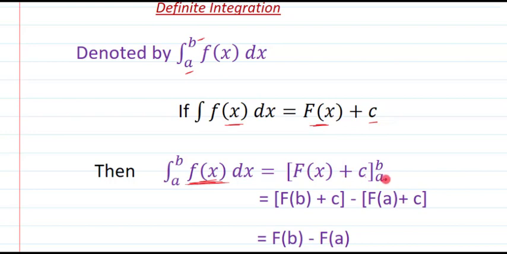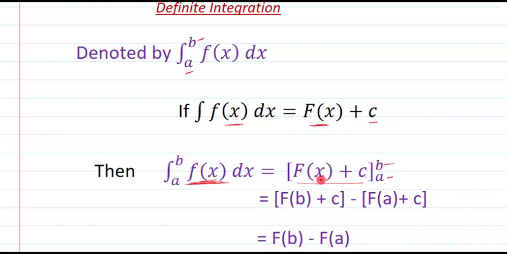From here we are taking it, and the limit will be written outside the bracket, either to the left side or to the right-hand side. We can write this limit anywhere. Now to apply the limit, we will use the upper limit first and then minus the lower limit for this function which we are getting after integration.